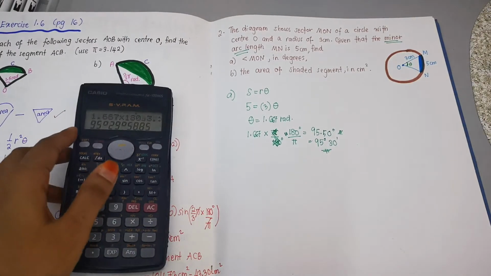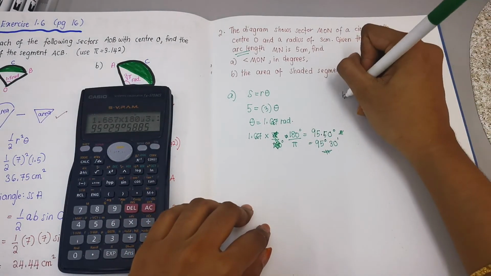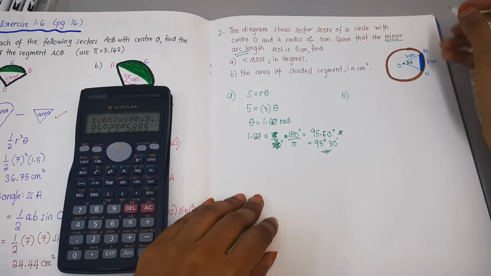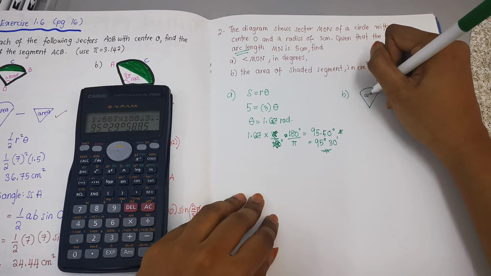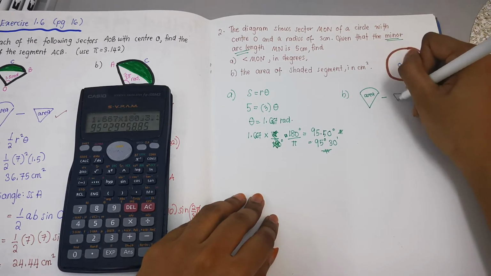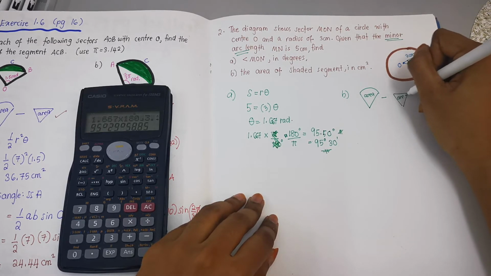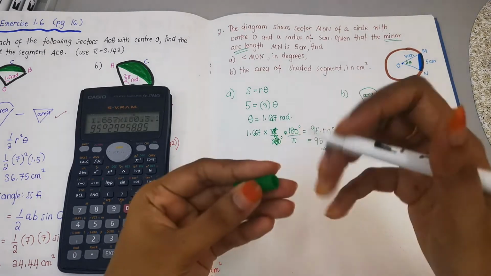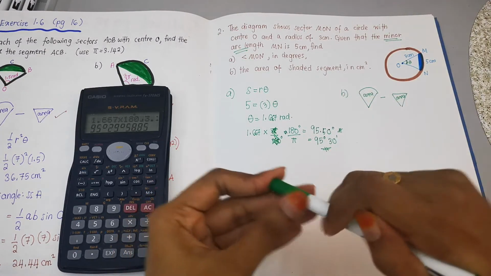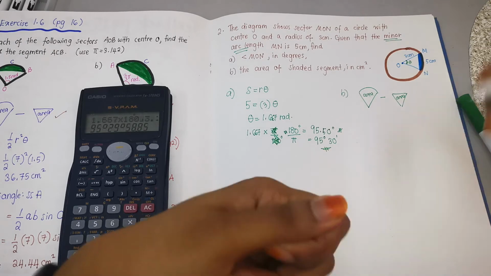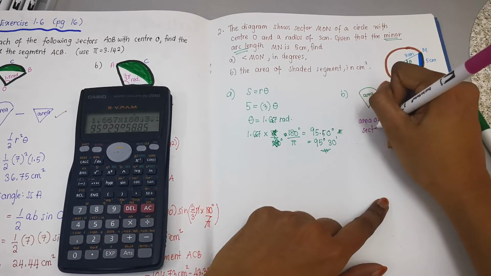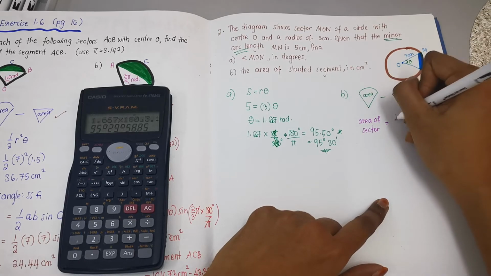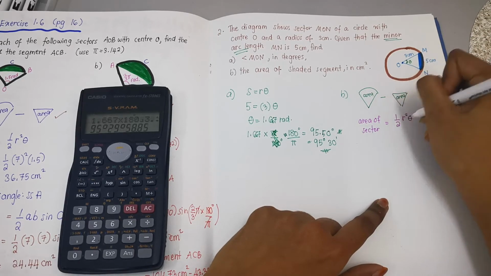All right, now let's go to B. Find the area of the shaded region. So first of all, find the area of the sector, then minus the area of triangle. Can we find the area of sector first? Use the formula. Area of sector is 1 over 2 r square theta.